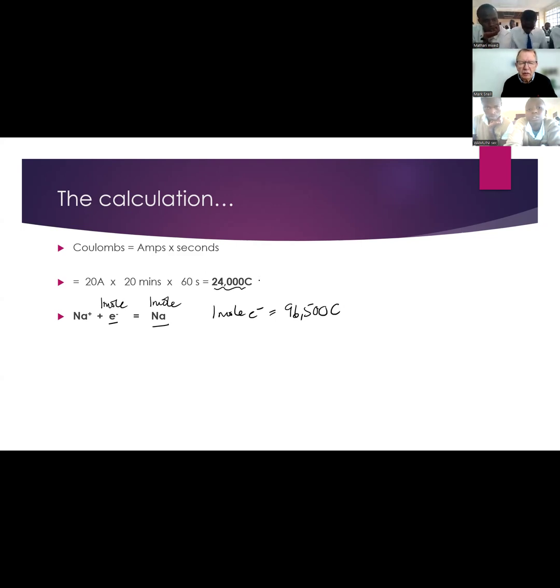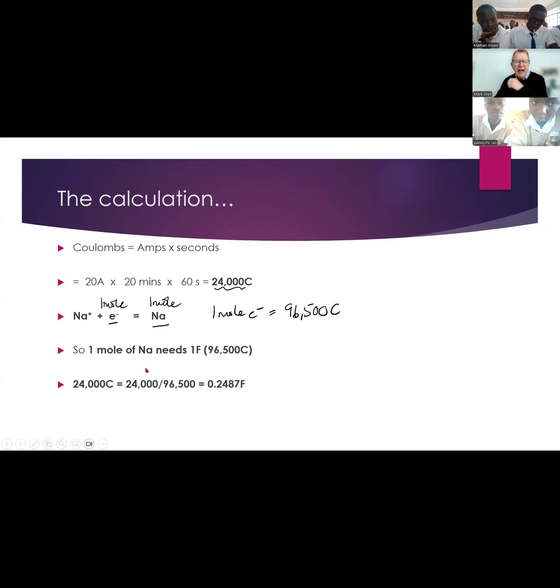Have we got that? No. So what we do is we say, okay, I will see how many 96,500s I have. So I divide the 24,000 by 96,500. That gives me 0.2487.